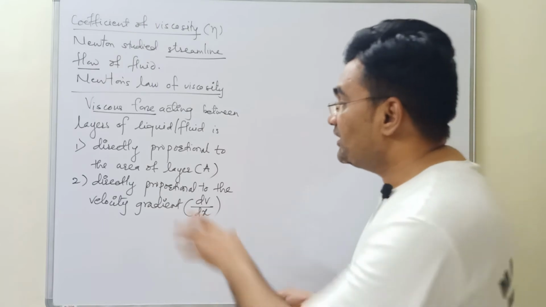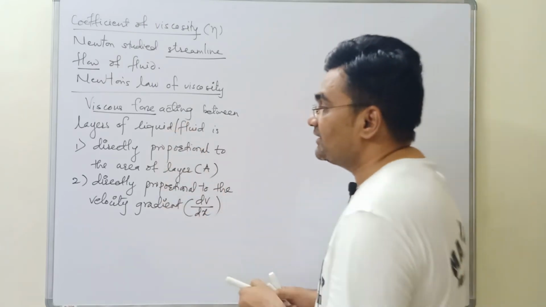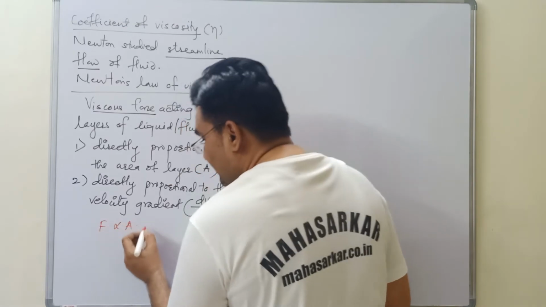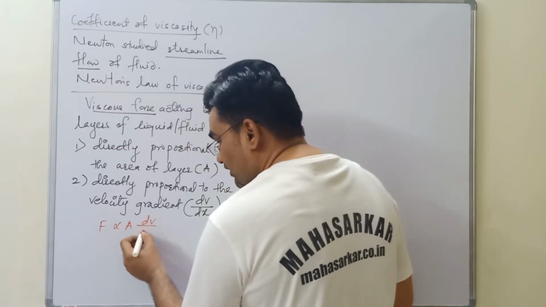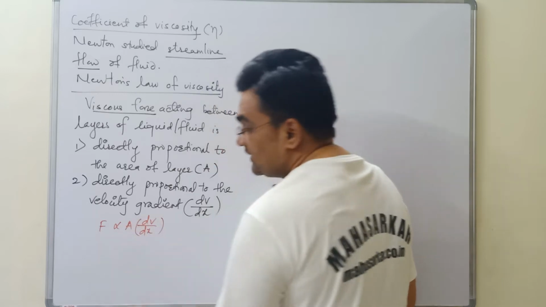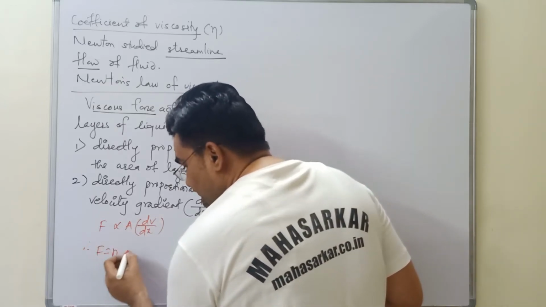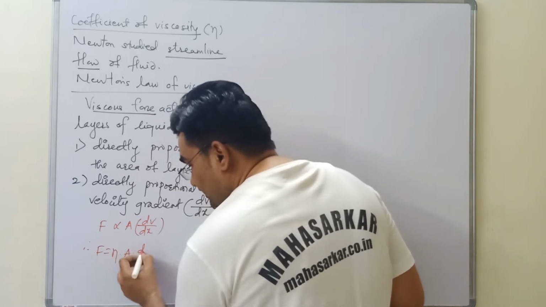Viscosity. So if I write these things mathematically, then what do we get? Viscous force F is directly proportional to area and directly proportional to velocity gradient, that is dv upon dx. So here a constant of proportionality will be there. So eta is the constant of proportionality here.